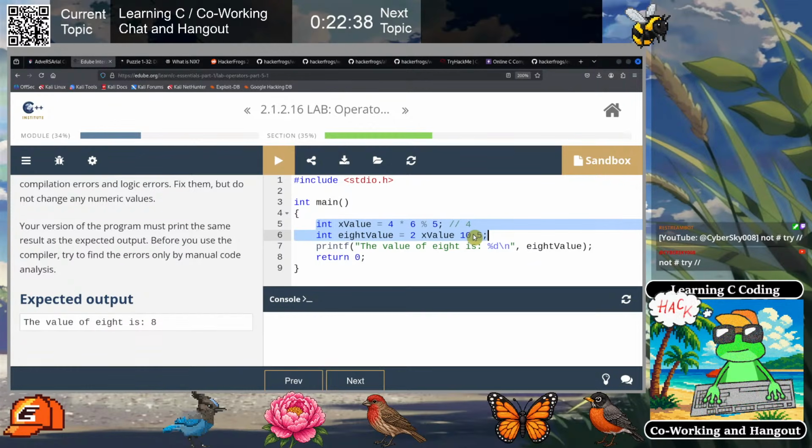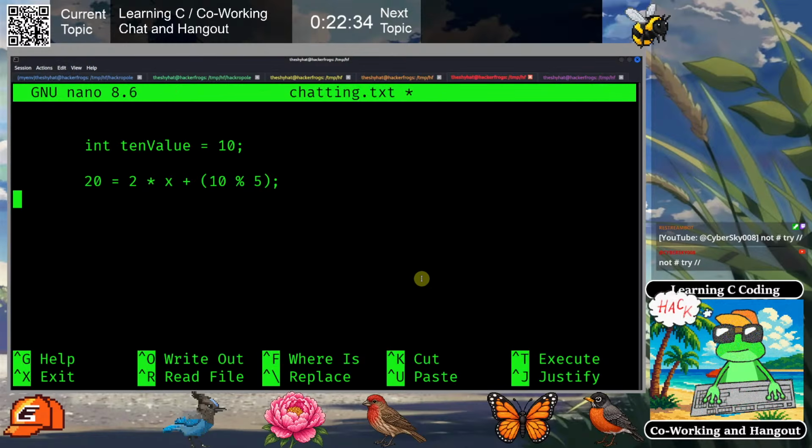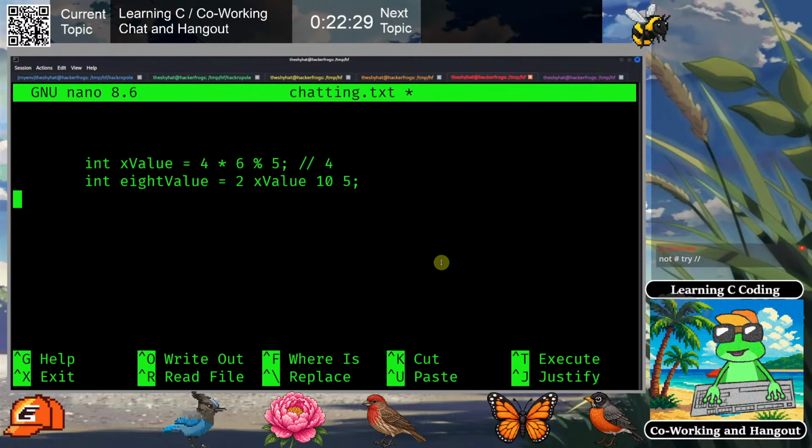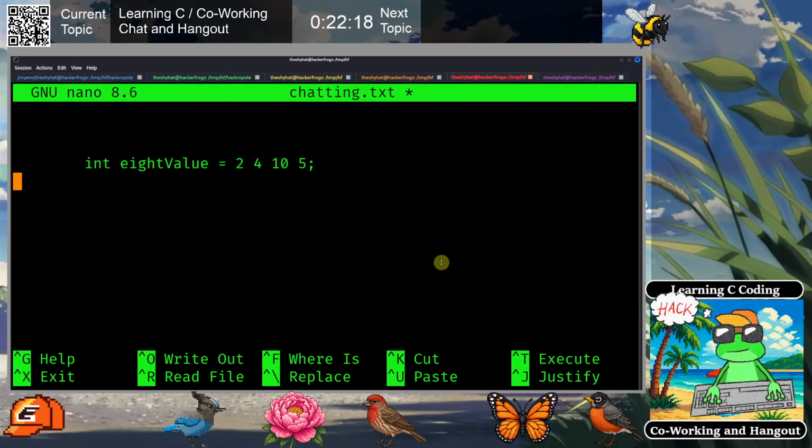Well, let's take a look at it over here. So in this case, x value is 4. So if x value is 4, then we need to figure out how to get 8 out of these 4 numbers. So it's not 8 value in this case, it's just 8.